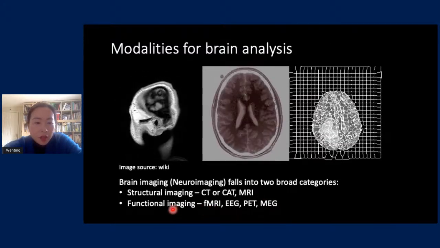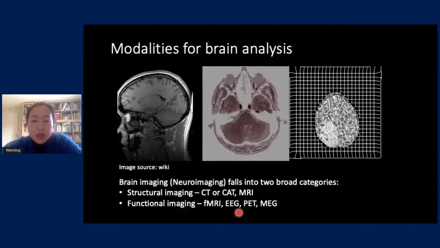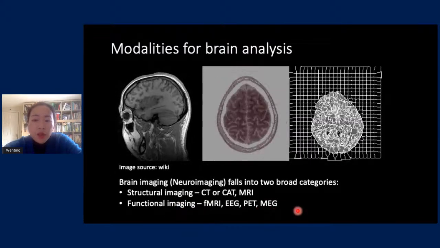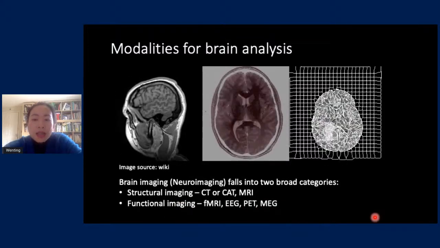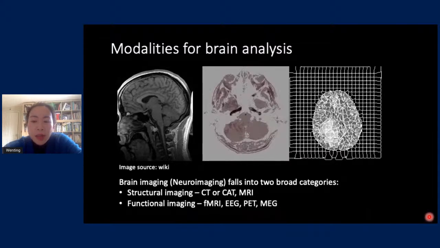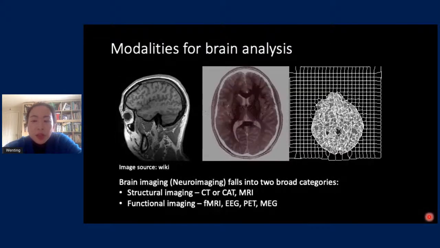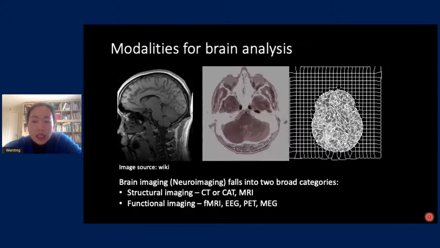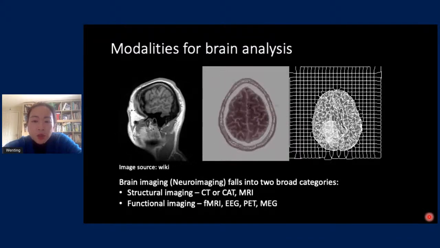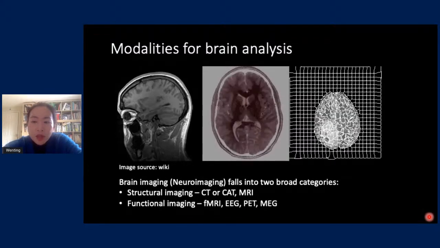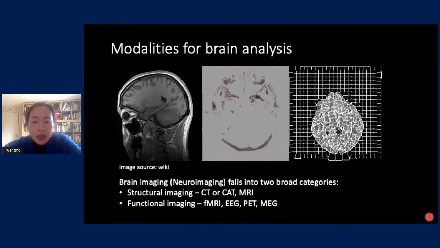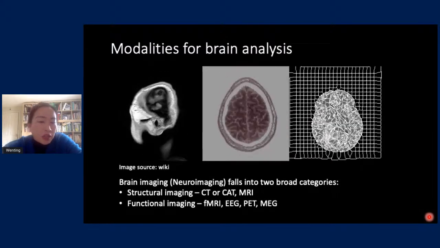Then we have another group, which is the functional imaging. The purpose of functional imaging is to measure activities in certain parts of the brain while it performs certain tasks. Functional imaging is used widely in fundamental research to improve our understanding of the various structures of the human brain. But it is also used for diagnosis.